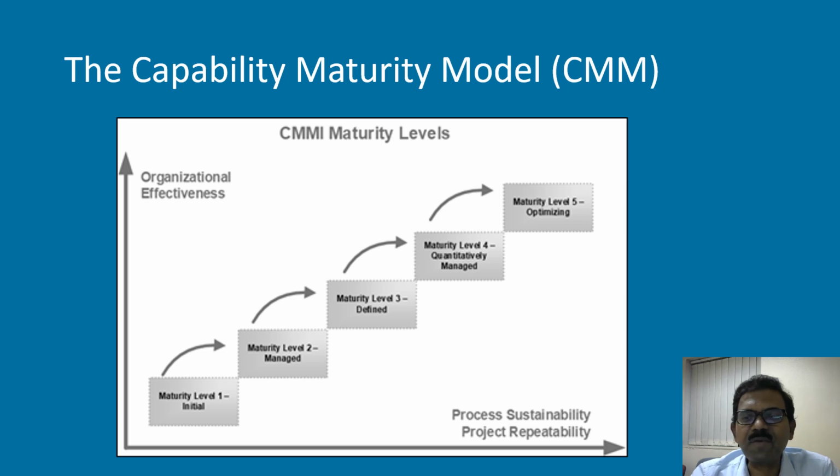Next, we have to understand one more concept called the capability maturity model, CMM. This is at the organizational level. The IT company which develops the software is evaluated based on its CMM level. CMM level means how mature the organization is to handle complex projects.